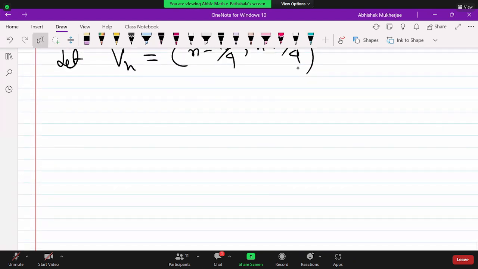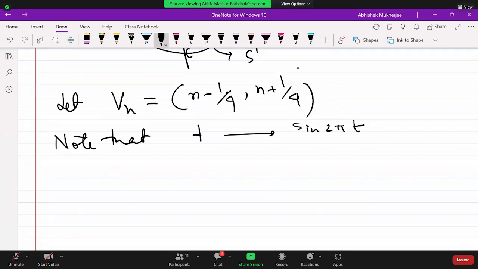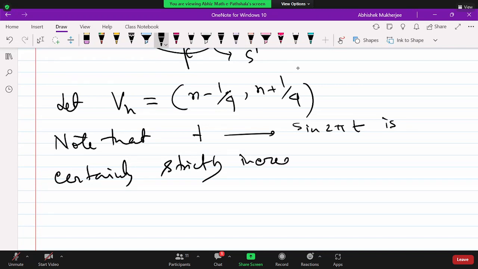Now, note that the map T, this coordinate map, is certainly strictly increasing, okay?